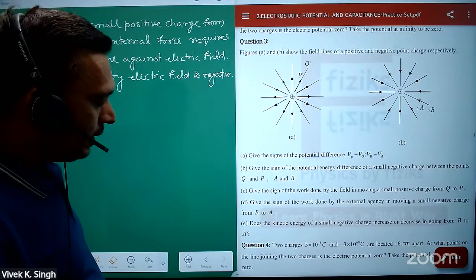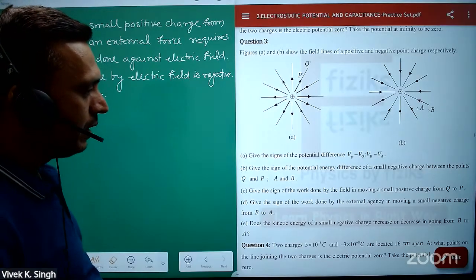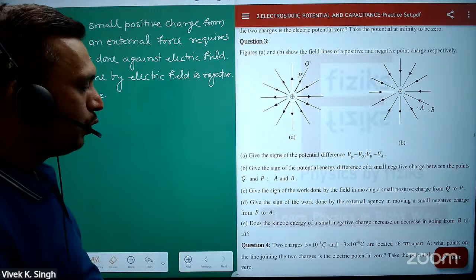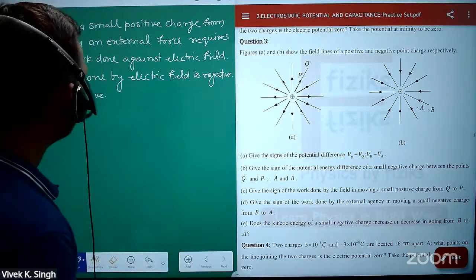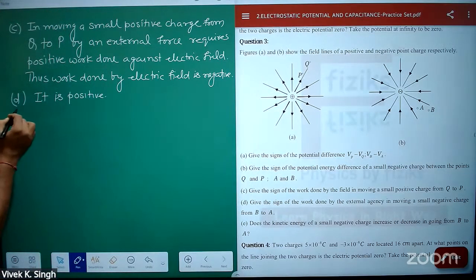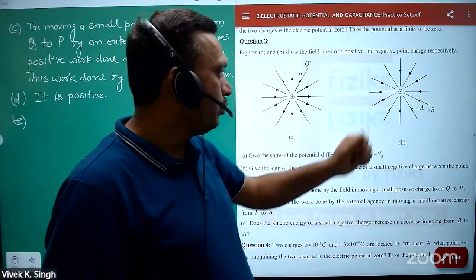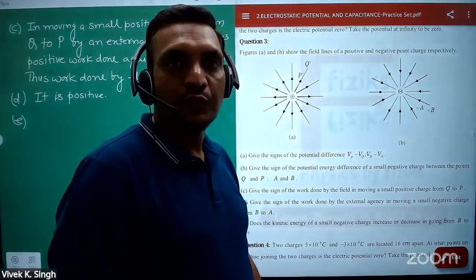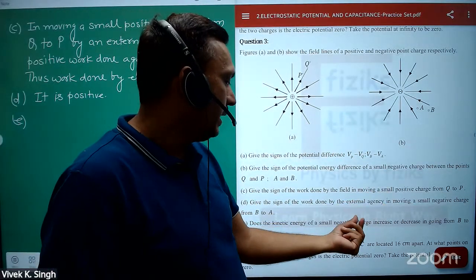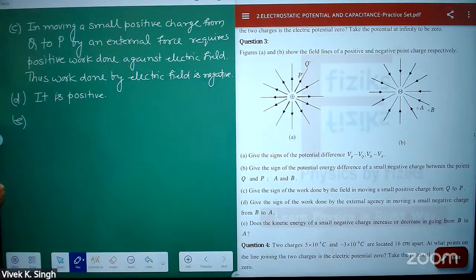And E part, does the kinetic energy of a small negative charge increase or decrease in going from B to A? You are moving a negative charge from B to A, so it is moving against the repulsive force. That will try to decrease its speed, so its kinetic energy will decrease. Yes or no?